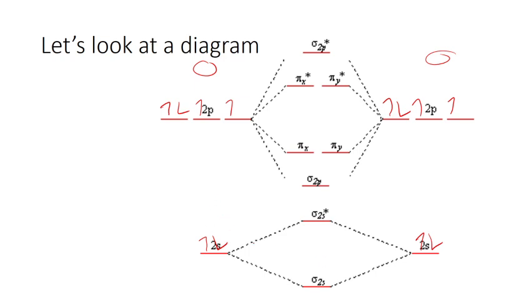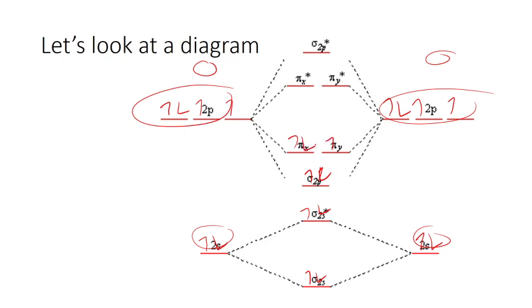And then all we do is we start filling up the molecular orbital diagram in the middle. Because we have 2 here, that's 4. We put 1, 2, 3, 4. And up here we have 4 and 4 for 8. So we make 1, 2, 3, 4, 5, 6, 7, and 8. So there we have all of our electrons accounted for, and that's how we fill in our molecular orbital diagram.